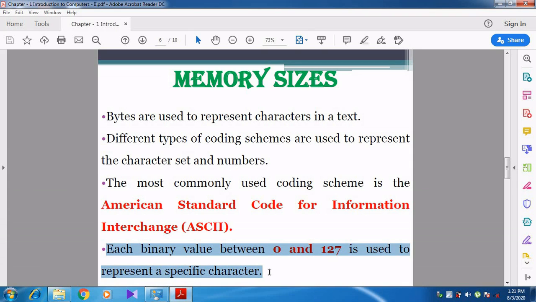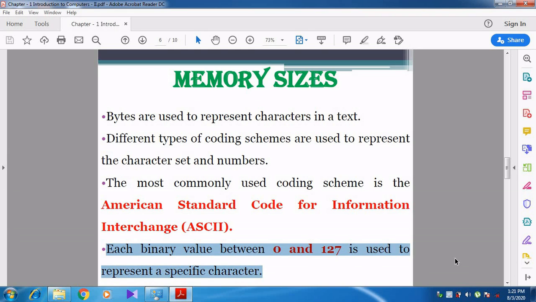Each decimal number represents a binary value. That binary value represents a particular character in the computer. Whatever character we press, A, S, E, R, each and every character is converted to an 8-bit binary number. Right? That is what they are specifying here.